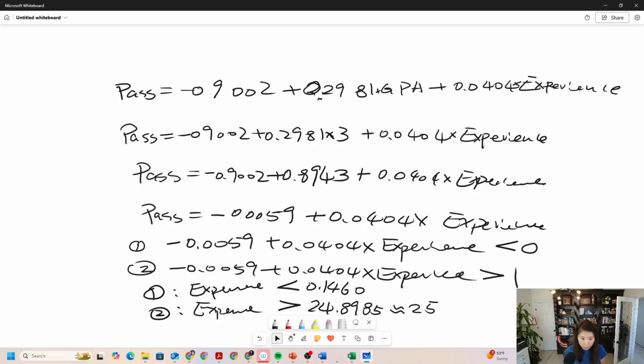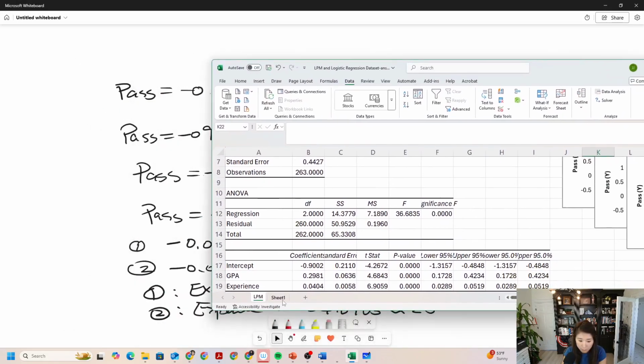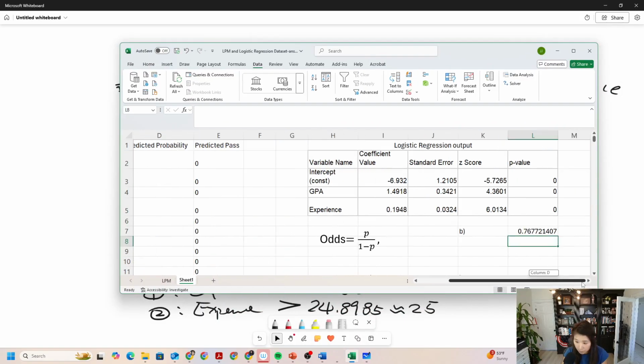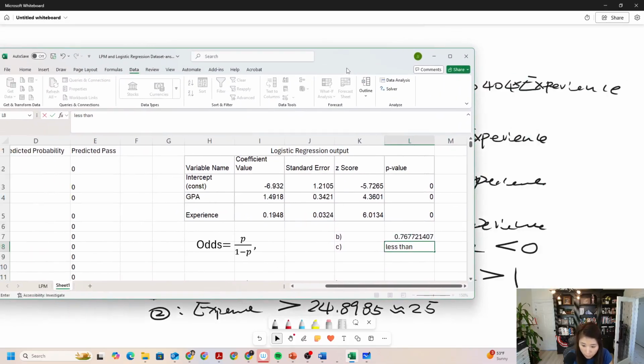Okay, so therefore the answer to question C: less than 0.1460, the probability will be less than 0; larger than 24.8985 years, the probability of passing will be larger than 1.